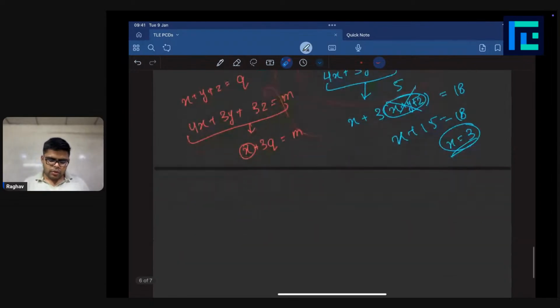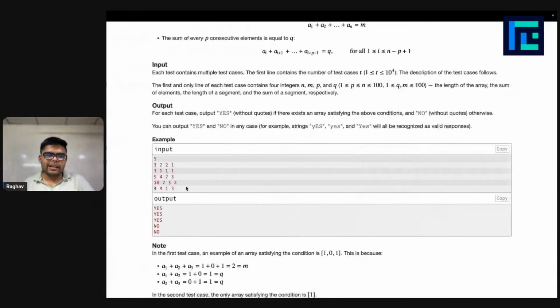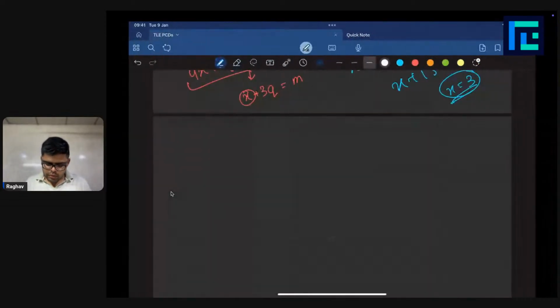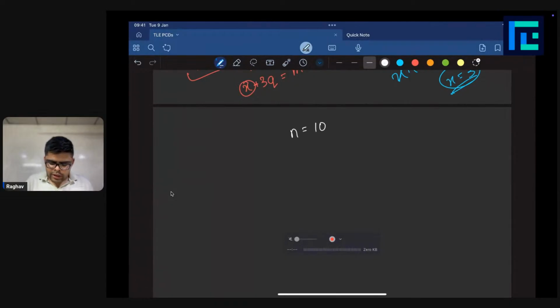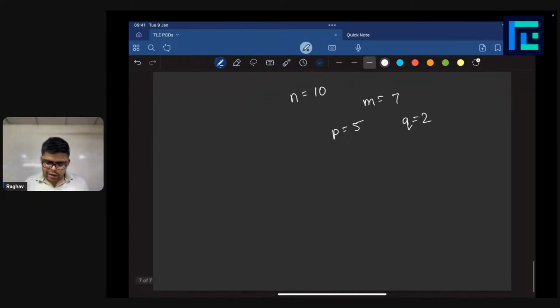So if you look at the sample test case 10, 7, 5, and 2, what is happening here is you will have the elements as A1, A2, A3, A4, A5.